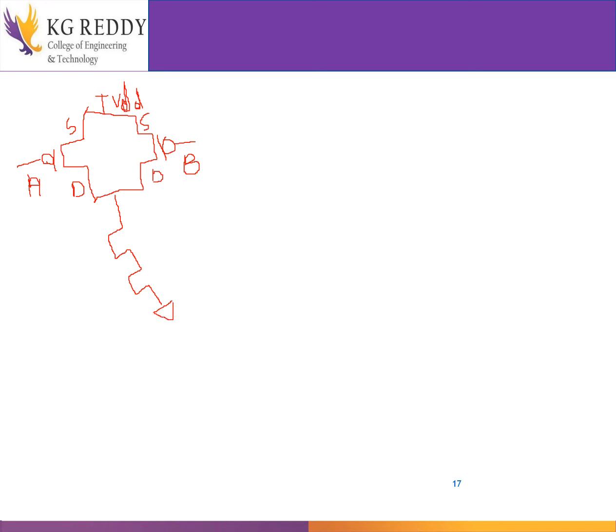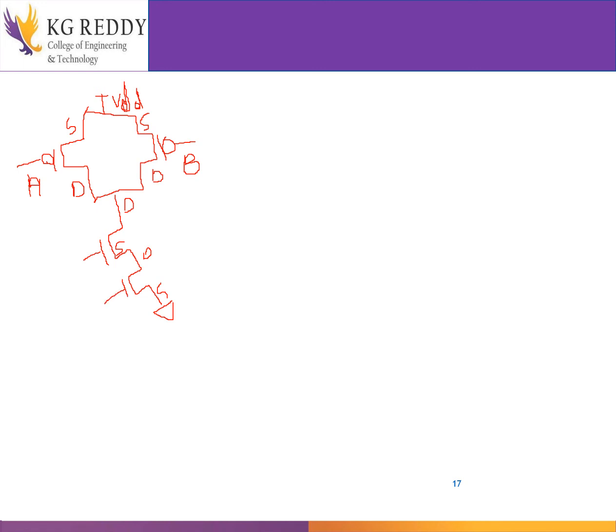Okay, so now I'm saying that this is a drain, this is the source of this transistor, and again this is drain, and again this is source. That means always for the PMOS the source is connected to the VDD, and always the source of the NMOS transistor is connected to the ground.